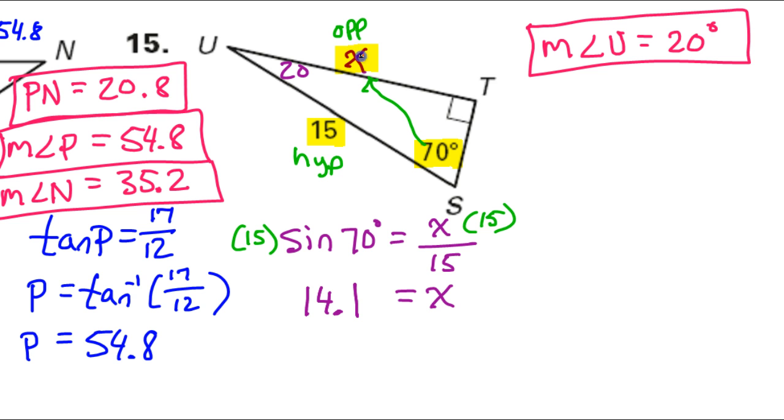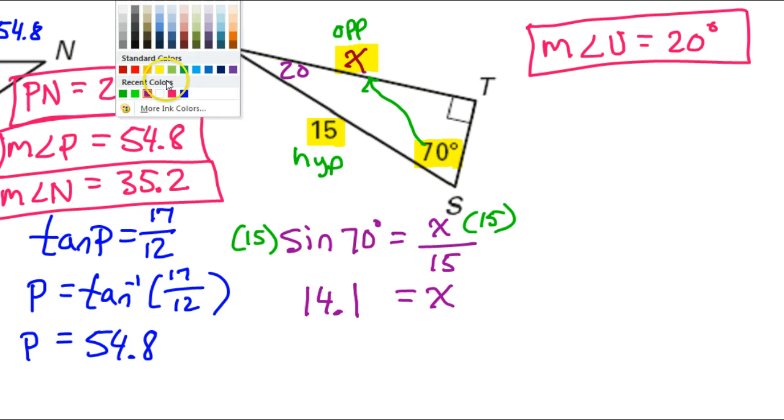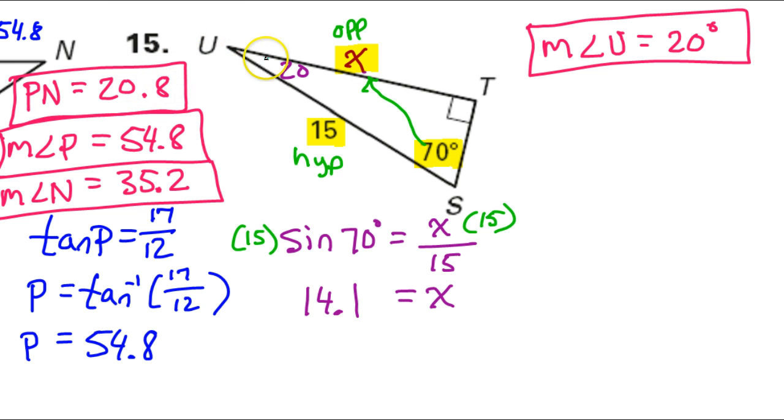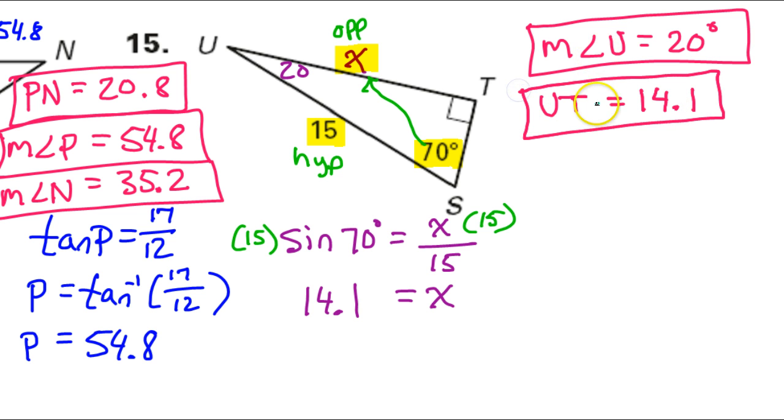Okay, so I called it x, but really it is UT that I just found. So that's how I'm going to record it. So the length of UT is 14.1. Okay, 2 down, 1 to go.